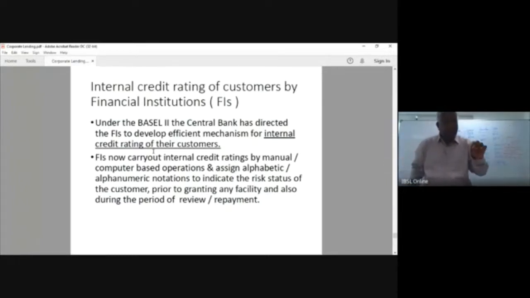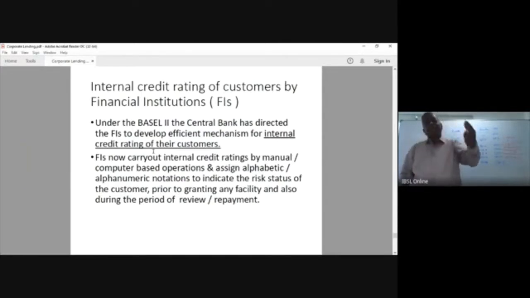So the financial institutions now carry out internal credit rating by manual method or by computer-based operation and assign alphabetic and alphanumeric notation to indicate the risk status of the customers prior to granting any facility and also during the period of review as well as repayment.